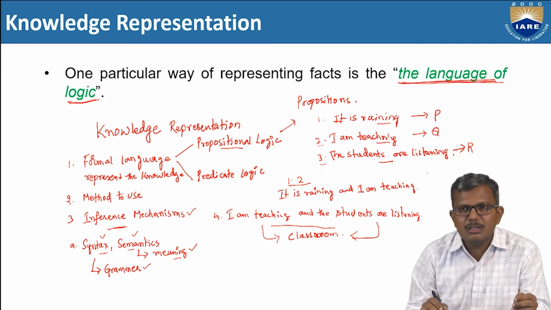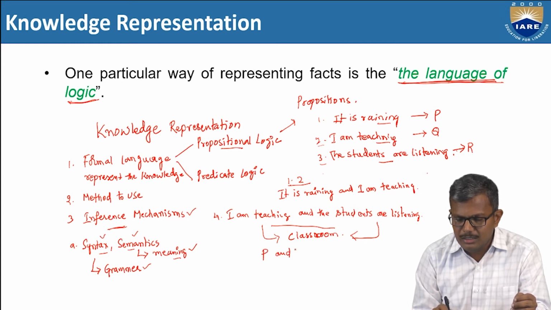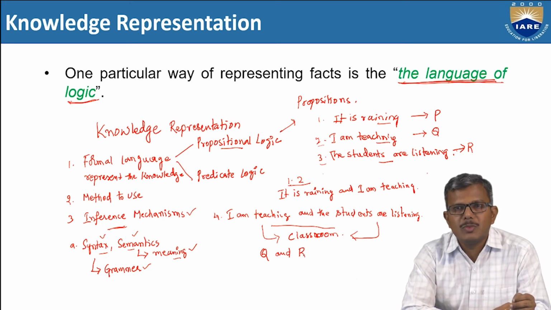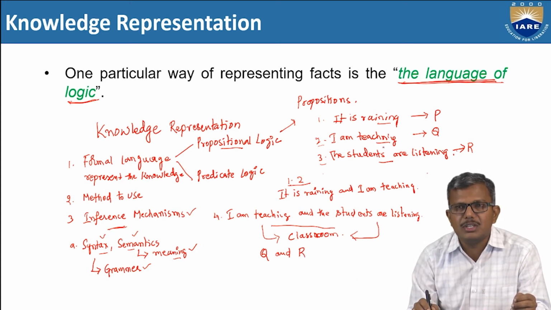If you talk in terms of propositional logic, this representation will be, sorry, not P and, it is Q and R. Q is representing "I am teaching" and R is representing "the students are listening".